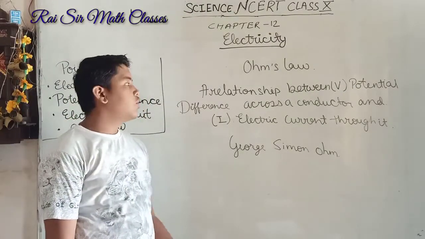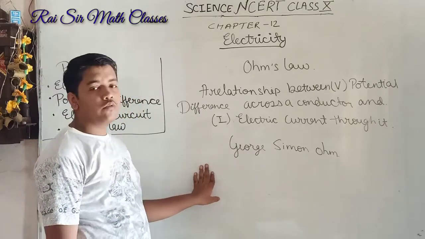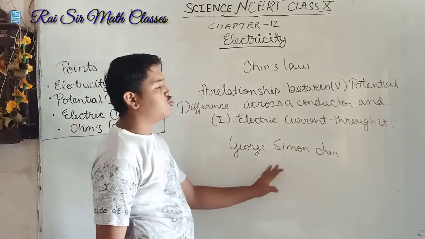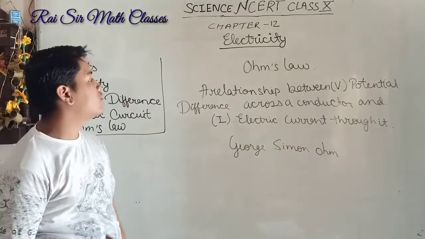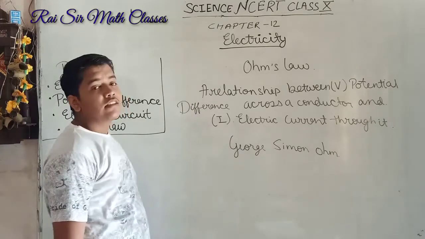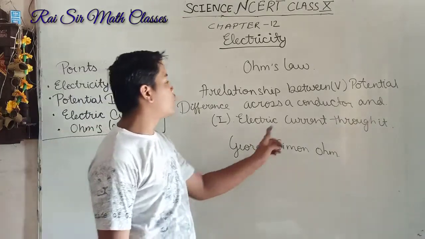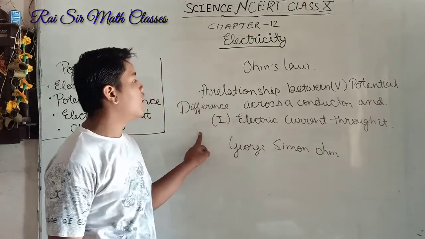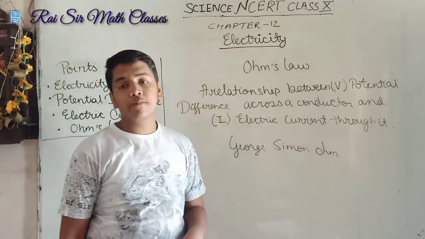Now we are going to study Ohm's law, which was stated by George Simon Ohm. So what does this law state? This law states the relationship between the potential difference, that is V, across a conductor. So what is a conductor here?